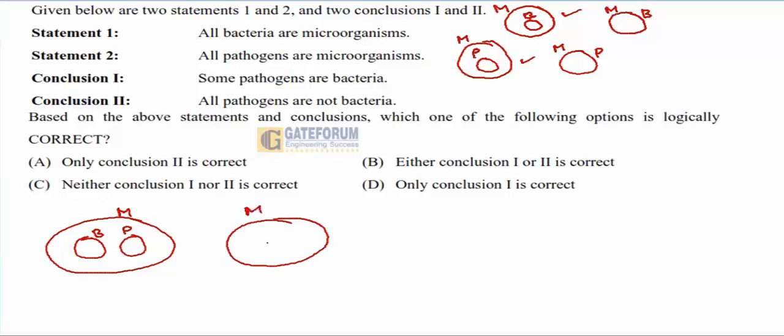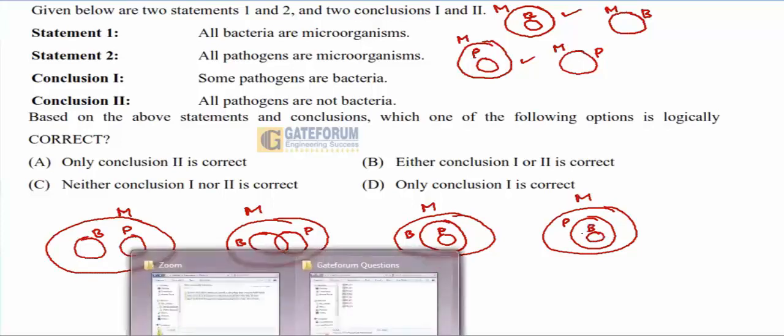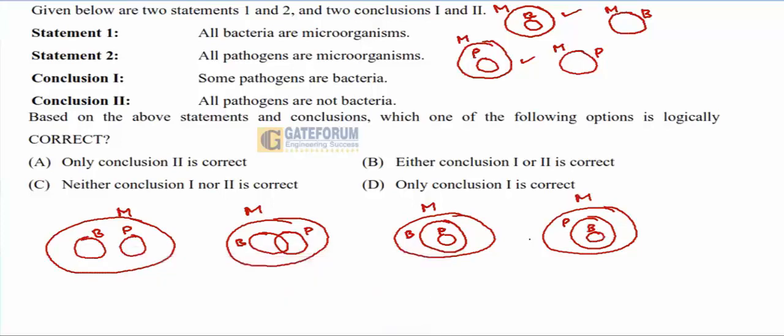Well, this can also be a probable case where these are bacteria and these are pathogens. There can also be a probable case in microorganisms. These are bacteria and these are pathogens. Can be highly possible. And likewise, there can also be another condition where these are pathogens and these are bacteria. So all these four cases are valid.